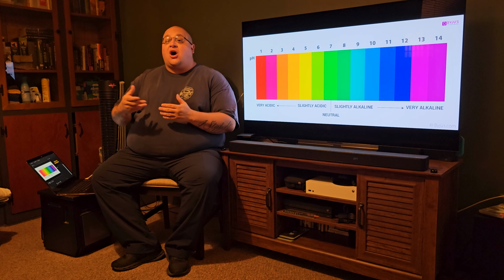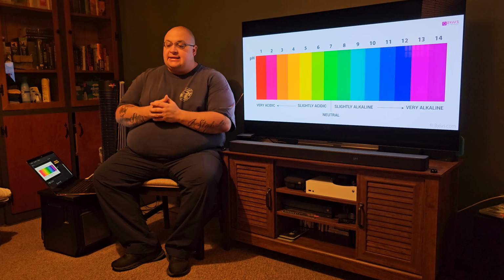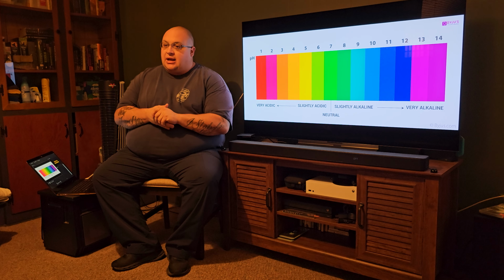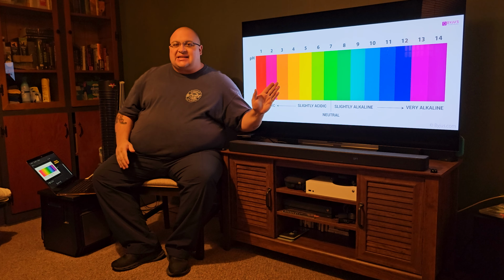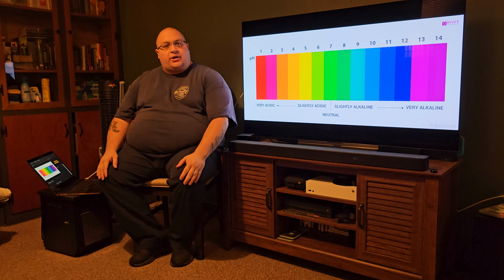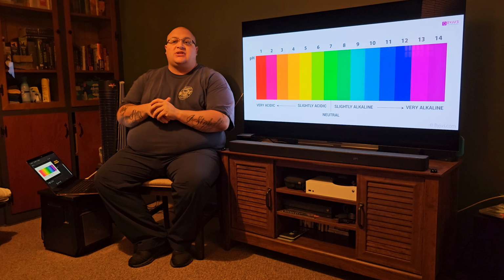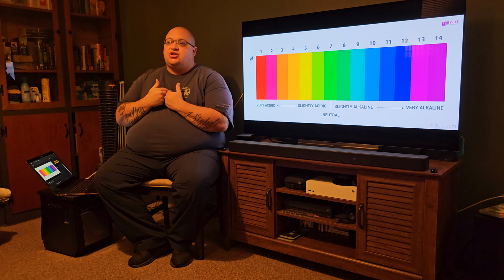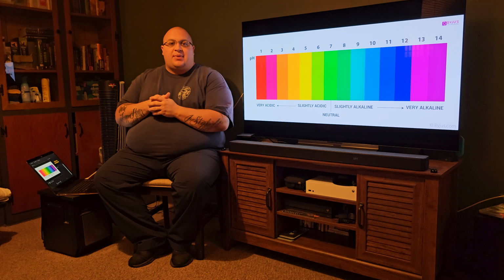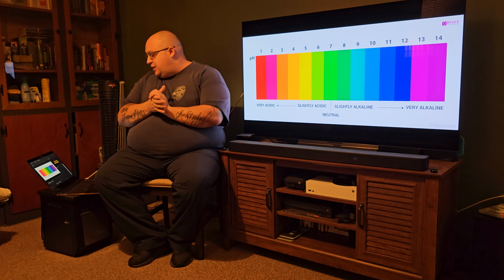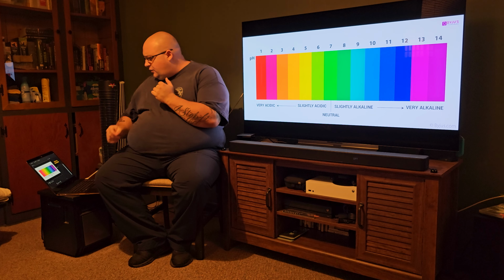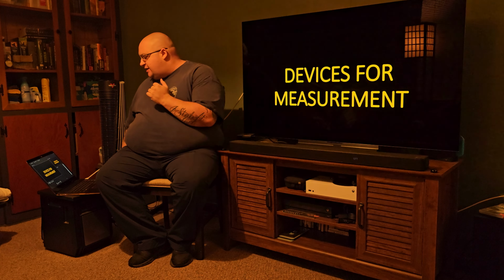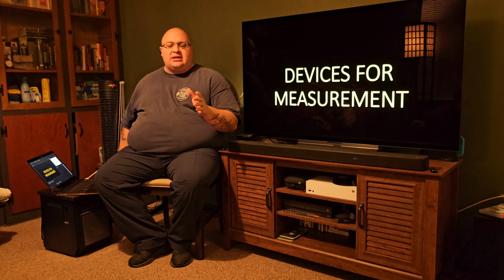And if we hyperventilate and lose too much carbon dioxide, then we'll start sliding on the scale more towards the alkalotic state. So your respiratory cycle is extremely important, not just to bring oxygen in, but to get rid of the bad stuff that could change this pH imbalance. We're going to talk about some devices for measurement next.